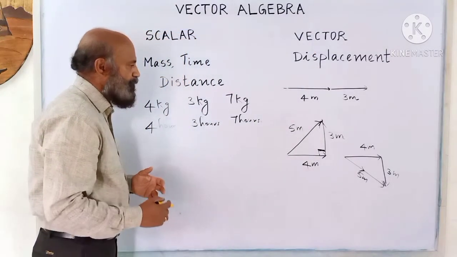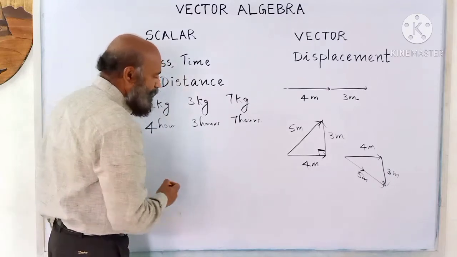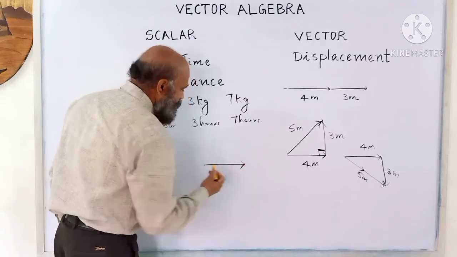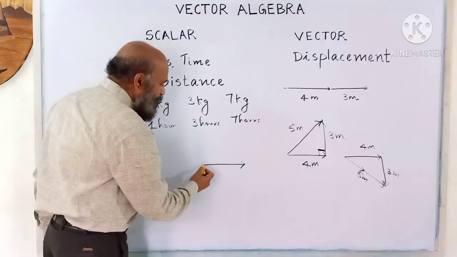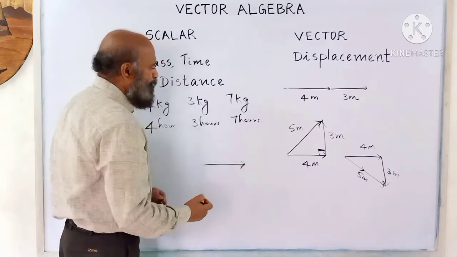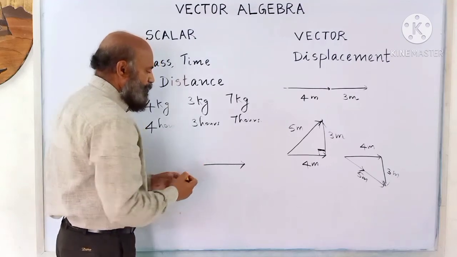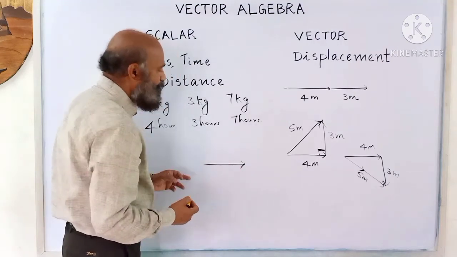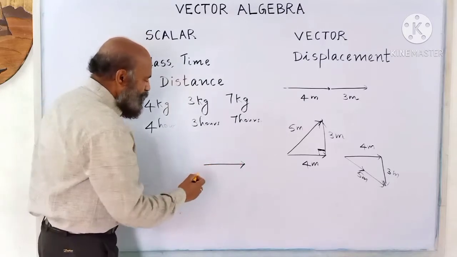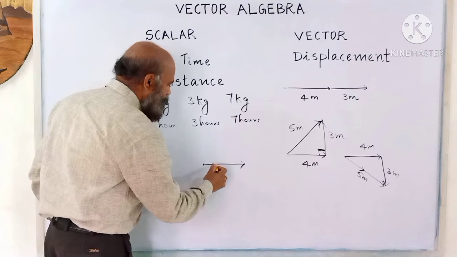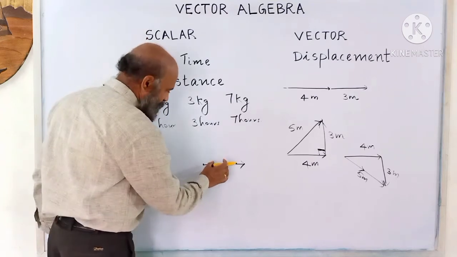Vector quantities can be represented by a directed line segment. So the length of the line segment will give you the magnitude of the vector. Then the arrow mark will give you the direction. So here there is a starting point. Then a proper scale is to be selected.